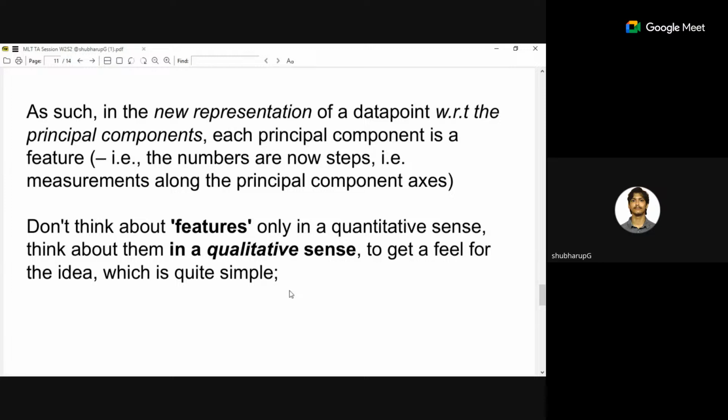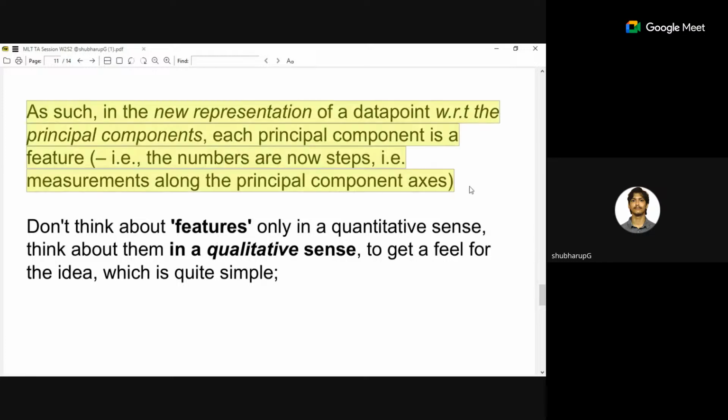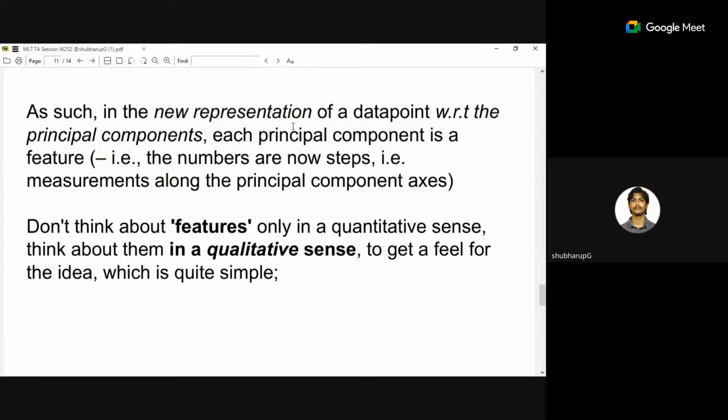That's the main thing. And when you do that, there are certain advantages. But what is meant here is that in the new representation of a data point with respect to the principal components, you do a change of basis so that the principal components, all of them taken together.